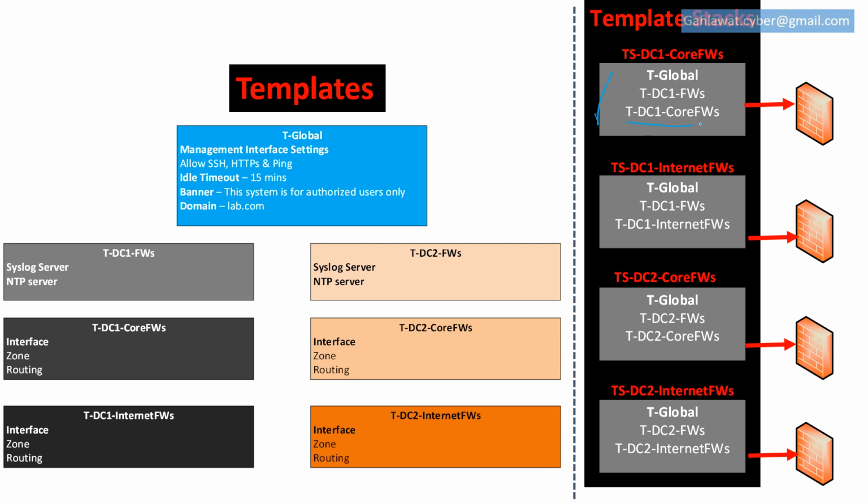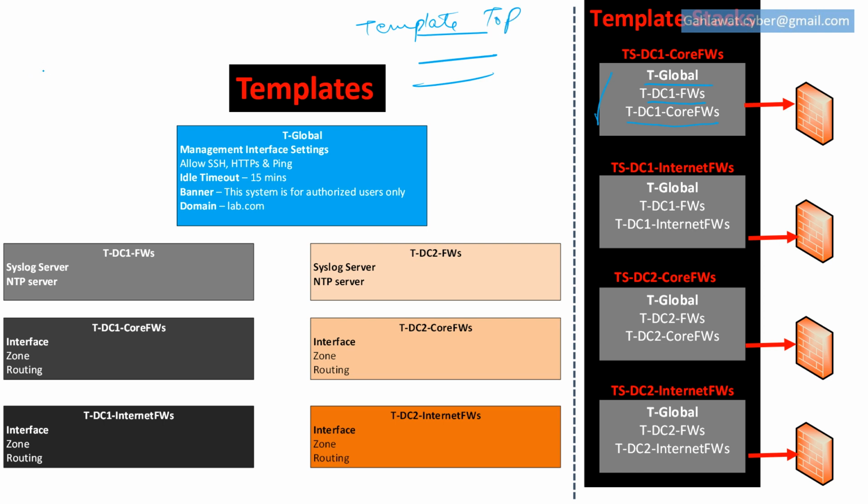Now this order, when we will be configuring in the stacks, will be like at the top we will have the DC1 core firewalls, then we will have the DC1 firewalls, and then the global. Remember, the order in the template stack is also important because the preference is given to the template which is placed at the top.